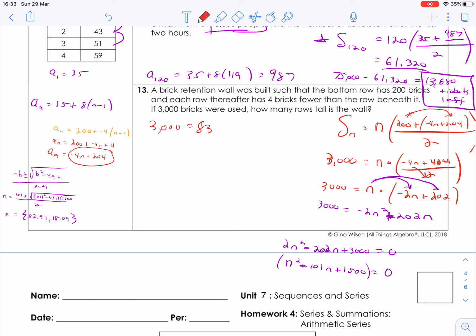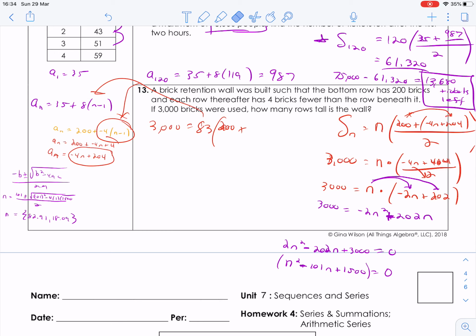And then we could have plugged it back into this equation to get our a of n. So a of 1, which is 200, plus negative 4 times 82.